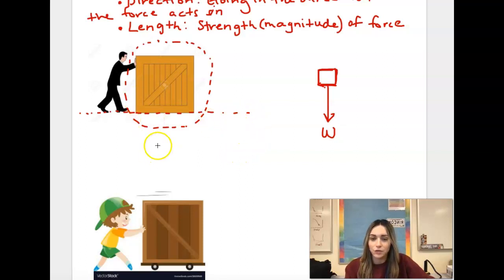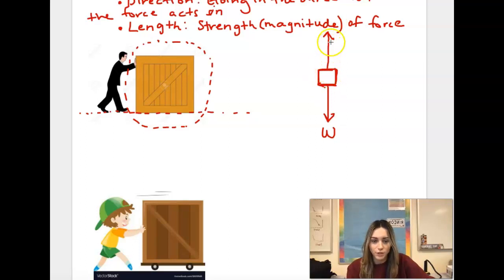Now let's think about the other forces that are acting here. It's nice to work in forces that are paired with one another. If gravity is pulling downward and this box is sitting on a surface, there's another force that acts upward, opposite of the force of gravity. Upward from the surface, and that is my normal force. Two things I want to keep in mind here.